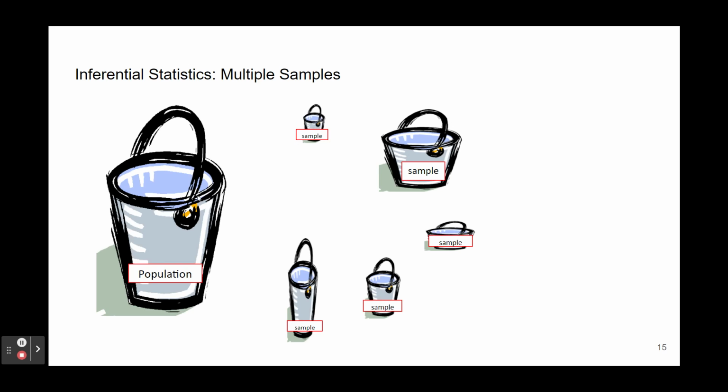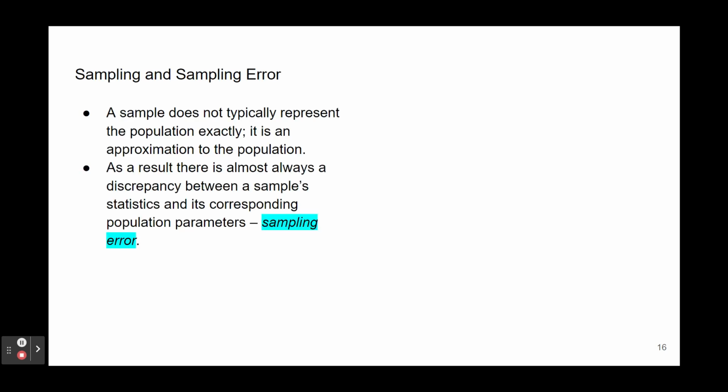Then you take another random sample of five students, and that average is different from the previous one. The averages of each sample, which are statistics, are different from each other. In that case, there is sampling error associated with the sampling process.